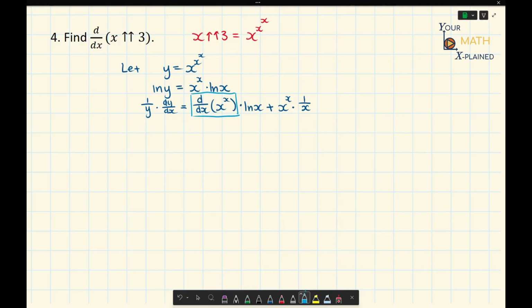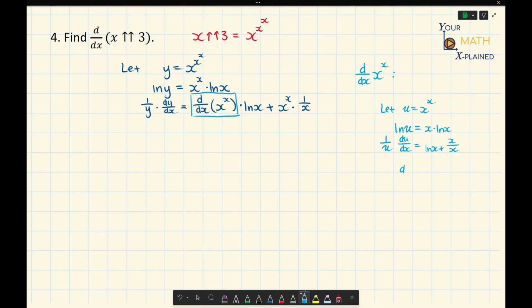So I'm going to box that, and then go to the side, and say d by dx of x to the power of x. So we're going to find that over here, and what we're going to do is we'll let u be equal to x to the power of x, take the natural log of both sides, so ln of u is equal to x times ln of x, which means 1 over u du dx is equal to ln of x plus x over x.